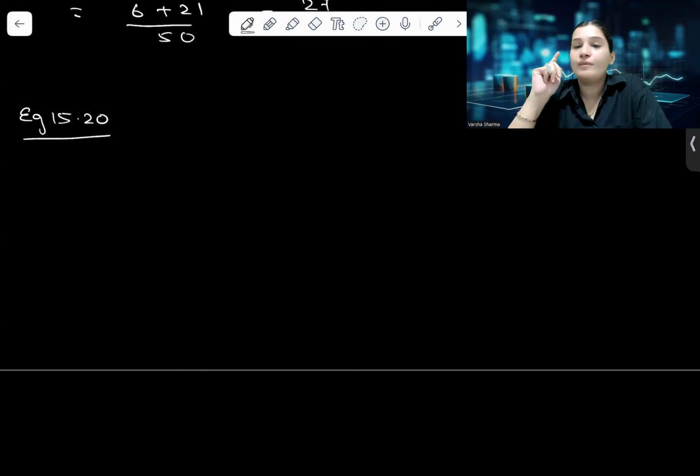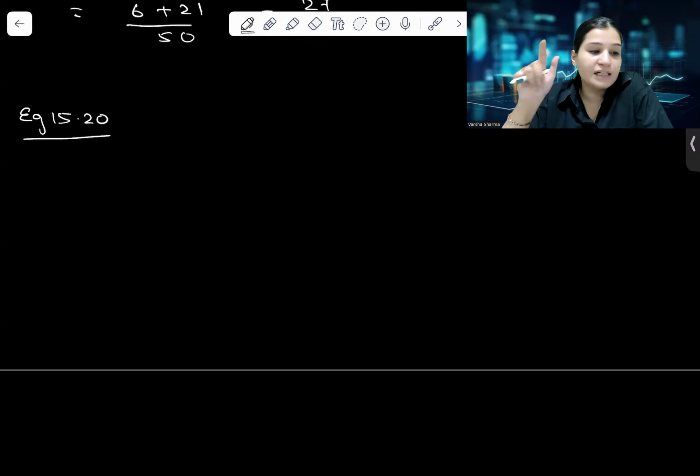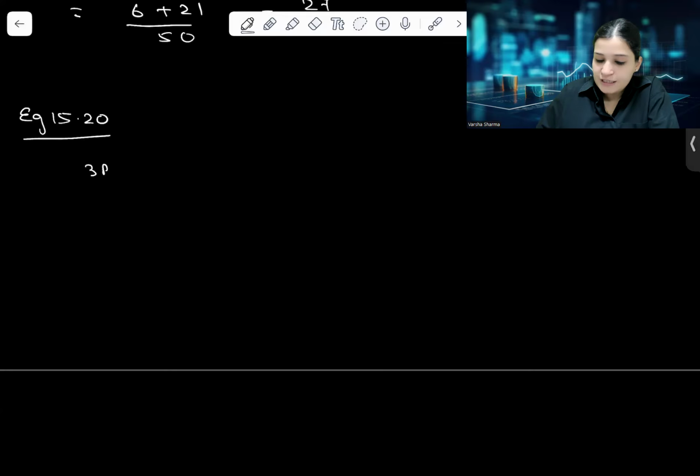You have to draw a ball from box 1 as well as box 2 as well as box 3. What is the probability that they will be the same color? Then it means either all the 3 bags give me a blue ball, or all the 3 give me a red ball, or all the 3 give me a white ball. So either I'll have 3 blue balls or 3 red balls or 3 white balls.